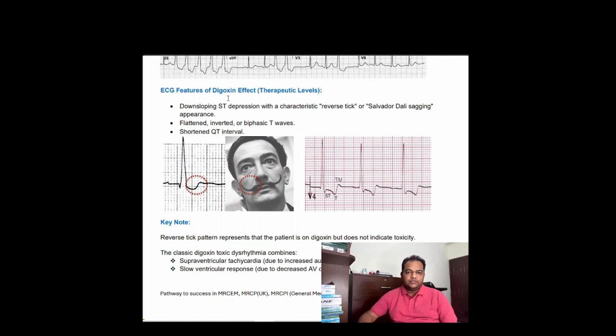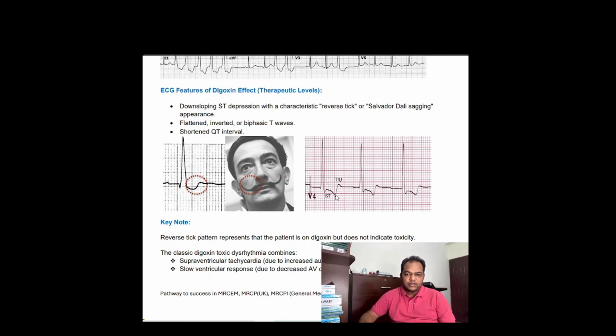Now, the ECG features of digoxin effect. The important finding of digoxin effect, that means in case of therapeutic level, not in case of toxicity, is the reverse tick mark, or Salvador Dali mustache sign.